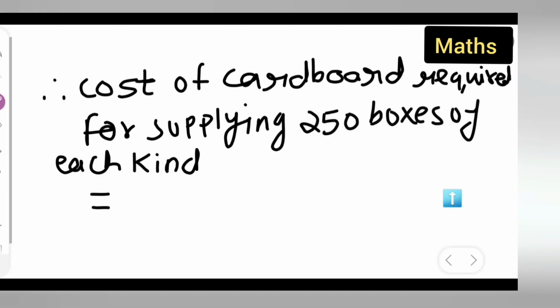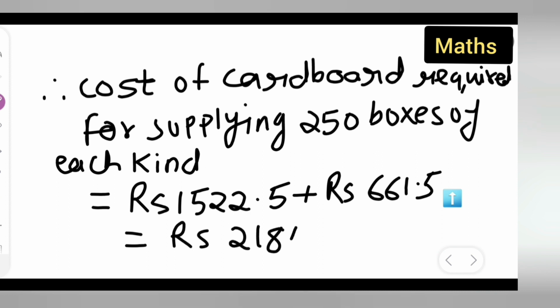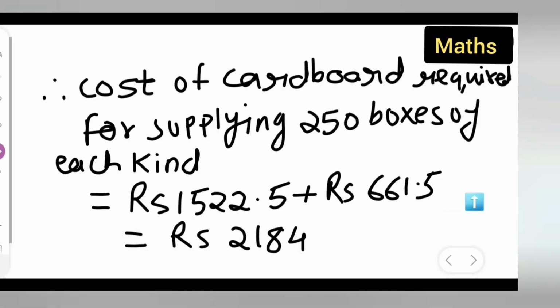So is equal to, for the first box what we got, rupees 1522.5, plus for the smaller box what we got is rupees 661.5. Okay, add this and see, you will get rupees 2184. Okay, see for smaller box it is 661.5. Okay, this is for the smaller box and this is for the first part for the bigger box, 1522.5. You all have to add both the boxes, you will get rupees 2184.